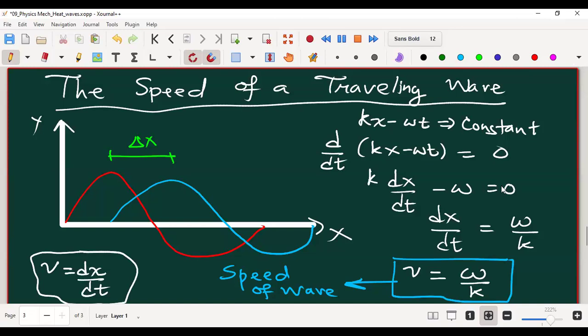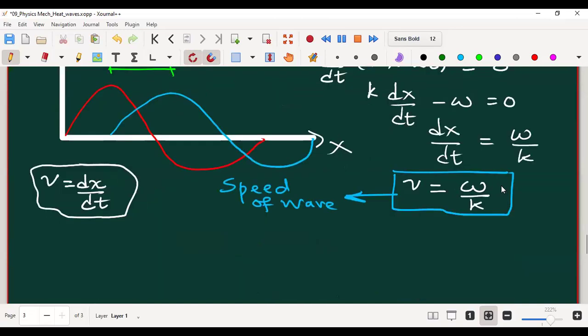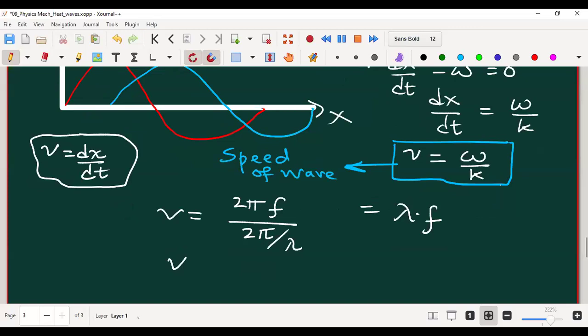And then because omega is 2π times frequency, and k is 2π over lambda, we will get lambda times frequency. So the velocity or the speed is equal to lambda times frequency. And because frequency is 1 per period, it is equal to lambda per period.